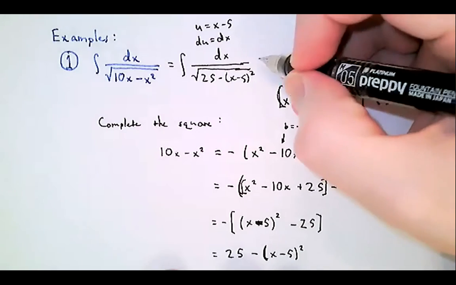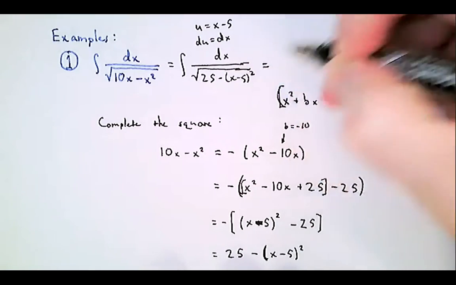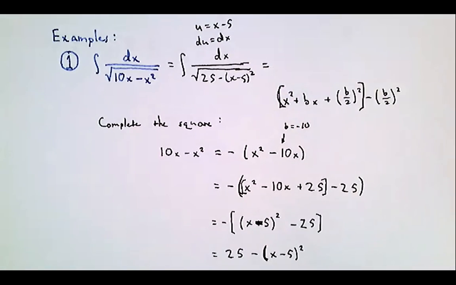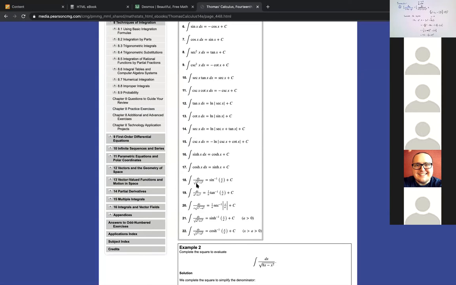Okay. And another point to keep in mind, going back to the integral formula, we can see the constant a squared is here underneath the square root. And for us, since we have a 25, our a will be the number 5, of course.